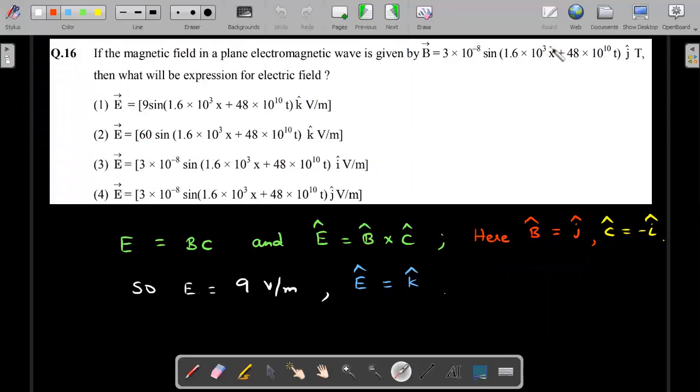If there is a minus, then it's plus I cap. Using these, you should realize that the magnitude is 9 volt per meter. Once you get this, elimination will give you option 1, but just for completeness, B cap cross C cap gives you a K cap. So both these match with option number 1.